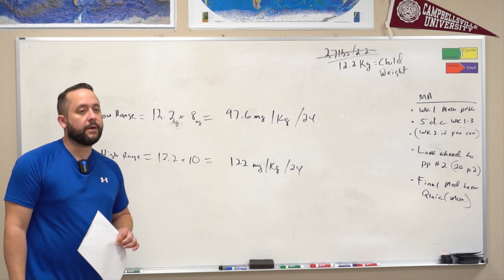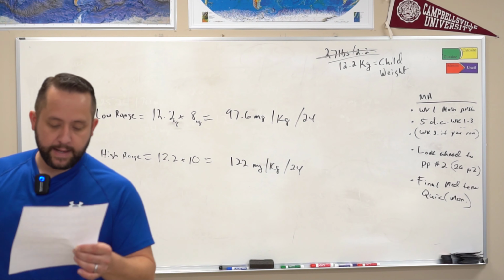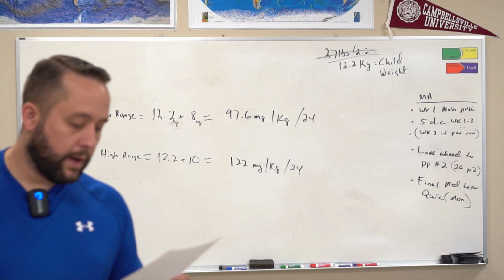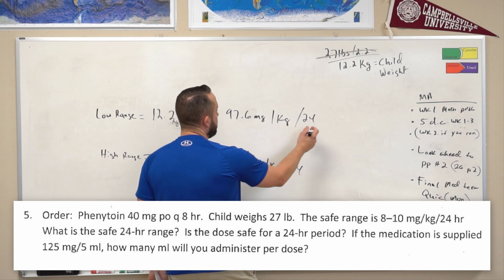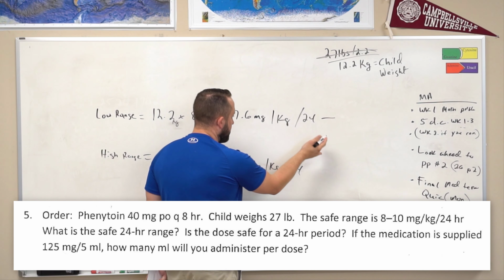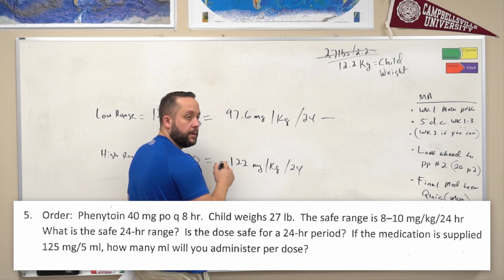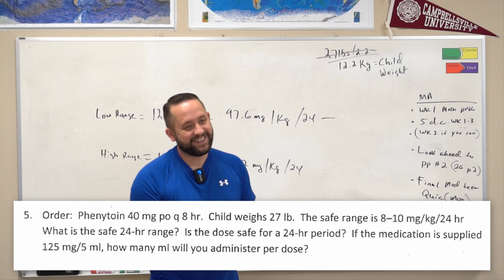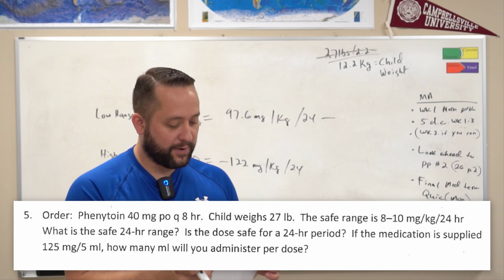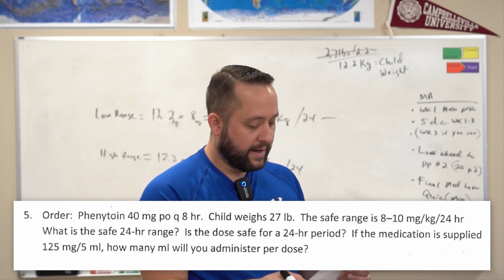Okay, so what do we need to figure out next, Christine? The question asked, what is the 24-hour safe range? We just got that. It's anywhere between 97.6 to 122. And it says, is this dose safe for a 24-hour period?